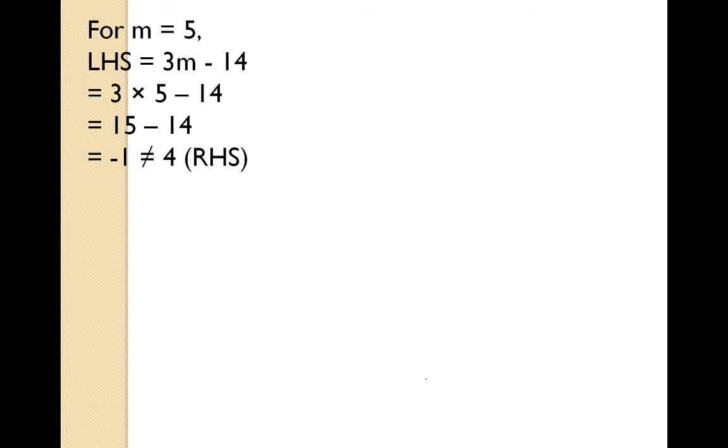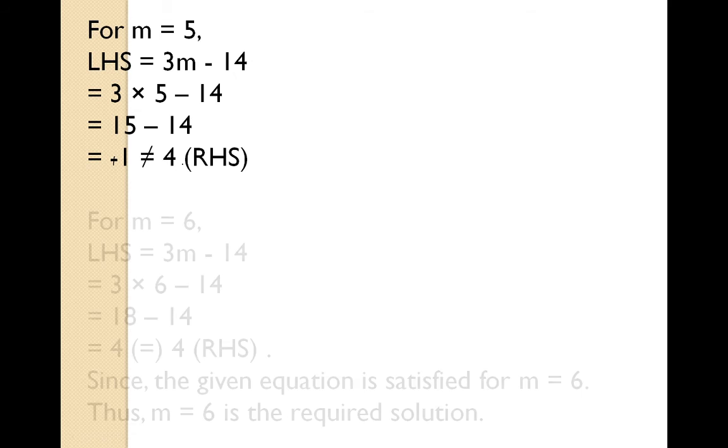Like that, if we substitute the value of m, that is 5, we get 3m minus 14 as the LHS, and while substituting this value we get 3 into 5 minus 14, that is 3 fives are 15, minus 14 is equal to positive 1, which is not equal to 4.